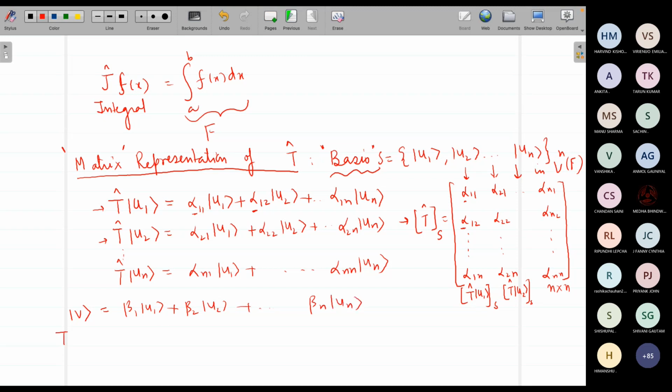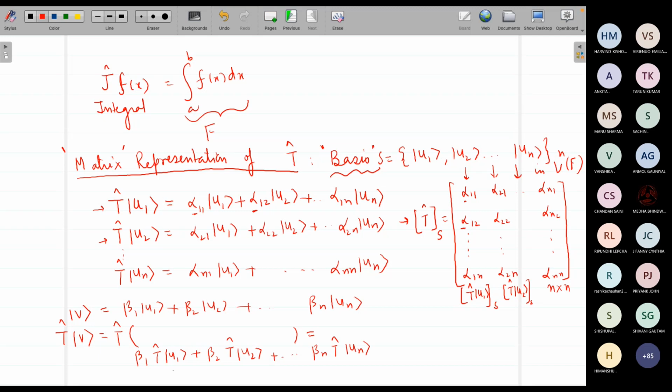Now, if I want to know the result of T acting on this, can somebody quickly tell me? This will be beta 1 times T operator on u1 plus beta 2 times T operator on u2, and so on. And how did I get it? Using the linearity property.